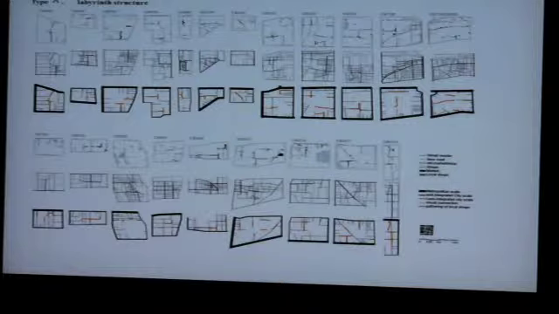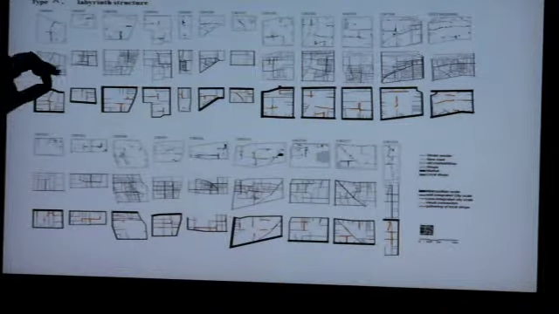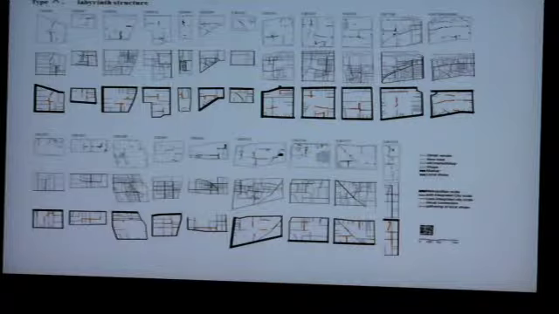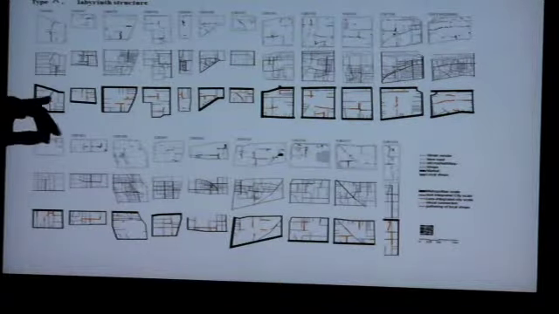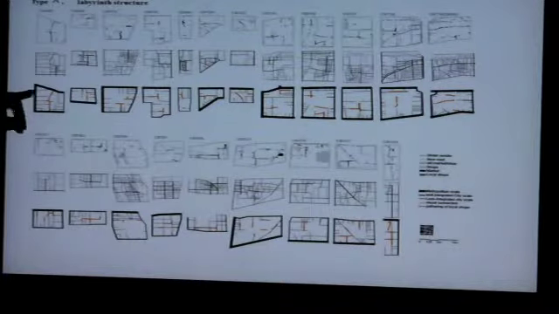And the third row represents the penetratability of the block. These lines show the border condition. The thick lines represent a higher level of street outside, and these small dashed lines represent the visibility line from the outside.